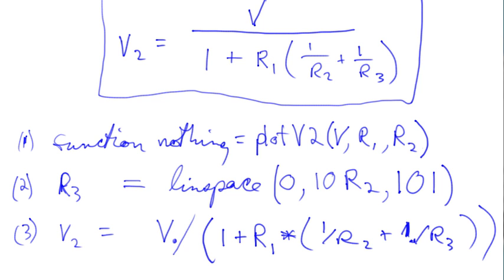I don't need a dot slash for just adding numbers. So 1 dot slash, okay, this is 1 divided by R2. That's just a number. I'm adding a number to an array. That's okay. And then I'm multiplying an array by a value. That's okay. I'm adding a value to the array. That's okay. And then the division, I needed the dot.